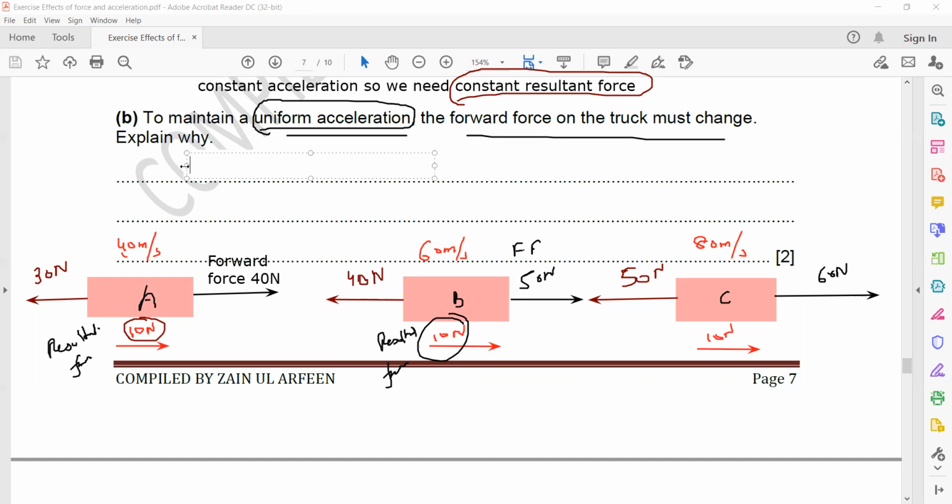So how we write this answer: mention that when the truck is accelerating, the speed of the truck will increase.